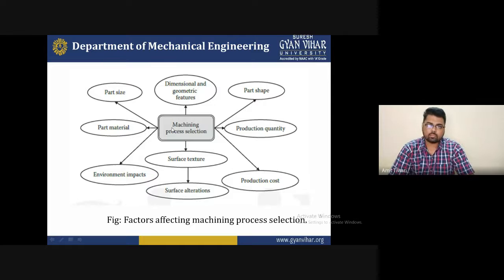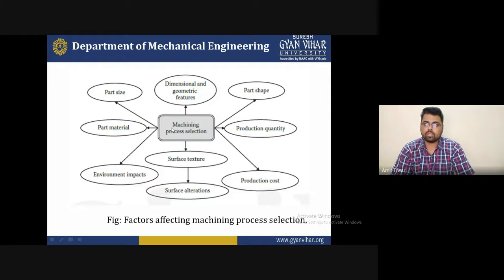If the part size is not clear, that means we cannot say whether a large number of parts, or a smaller number, or minor or micro parts will be fabricated for this particular operation. So part size is the most important requirement, because the machining time, or the product development, depends upon the part size. How much time is required is decided by the part size.